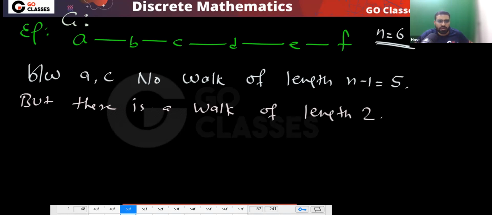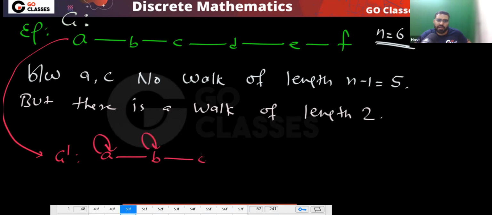Now you can transform this G into G dash by making self loops on every vertex. Now something interesting will happen.